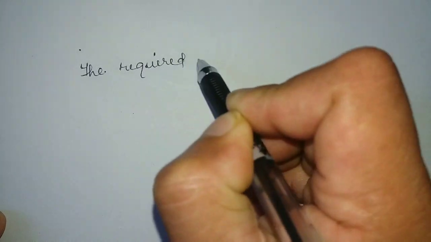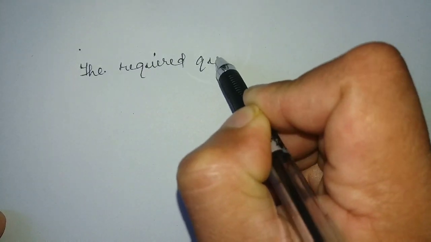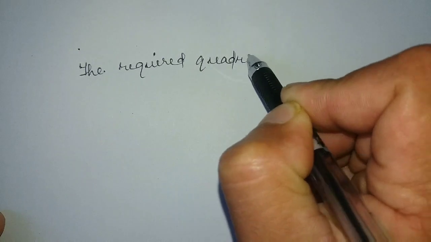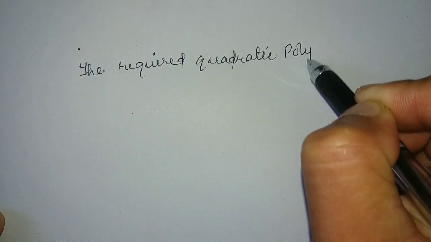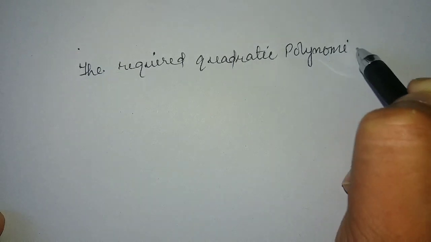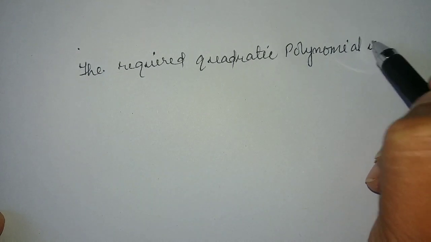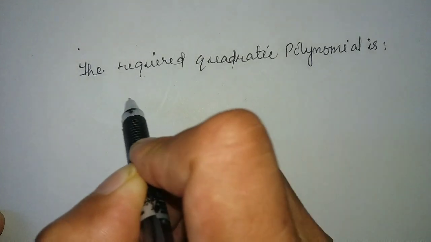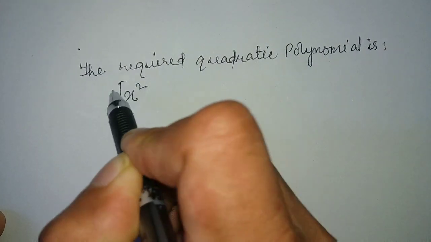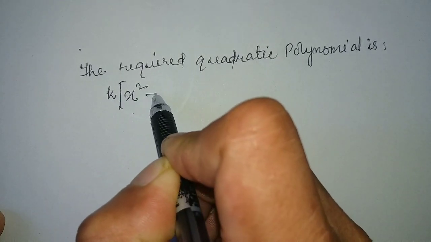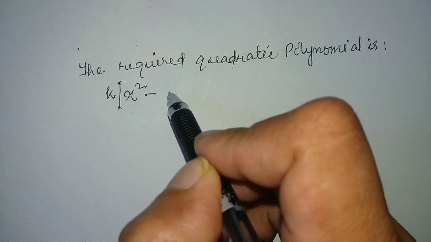So now the required quadratic polynomial is x square minus sum of the zeros.